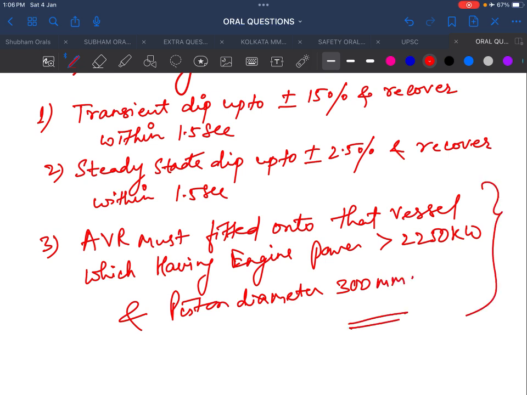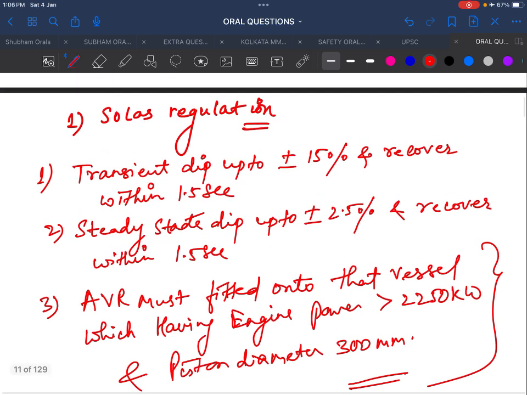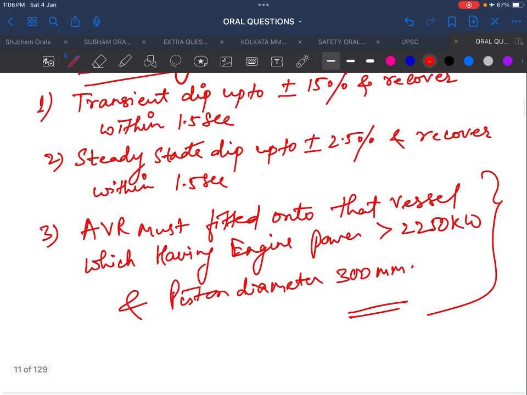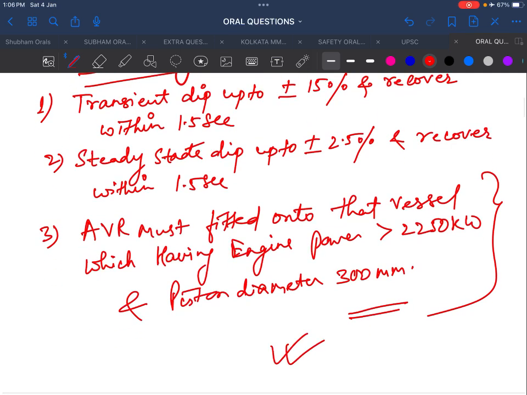So these are the criteria and these are the regulations. You must understand this SOLAS regulation of the AVR. I already talked to you about this, so you have to remember this one.